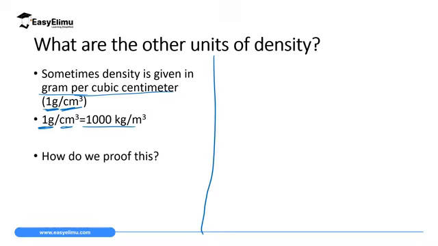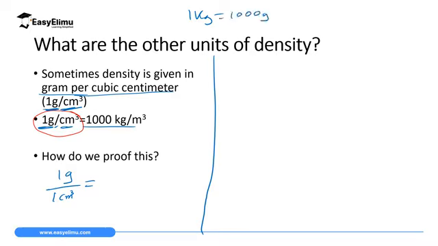We can prove that if we write 1 gram per cubic centimeter in another way, where per means division, then we can write 1 gram per 1 cubic centimeter. If we convert grams to kgs, remember we said 1 kg is equal to 1000 grams.